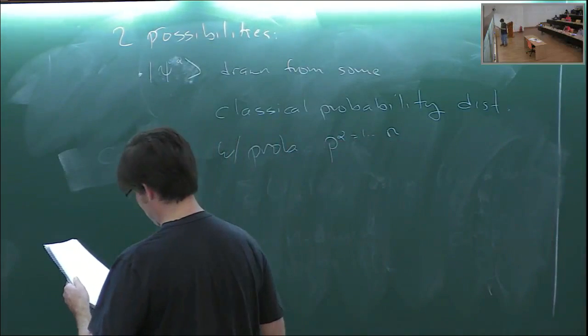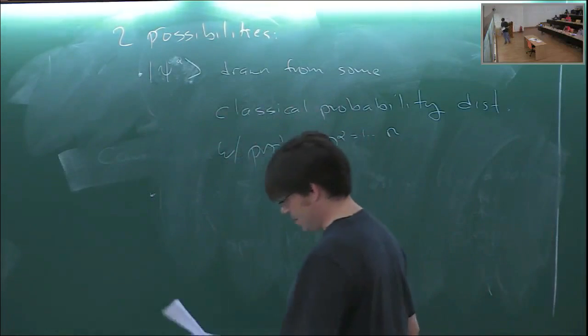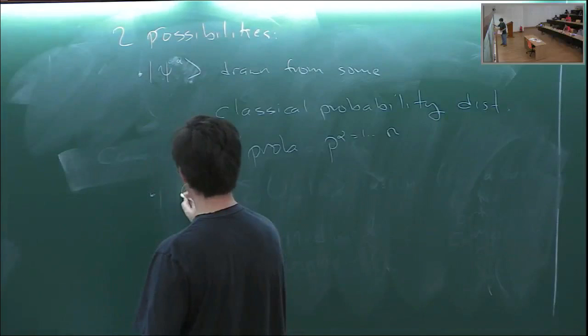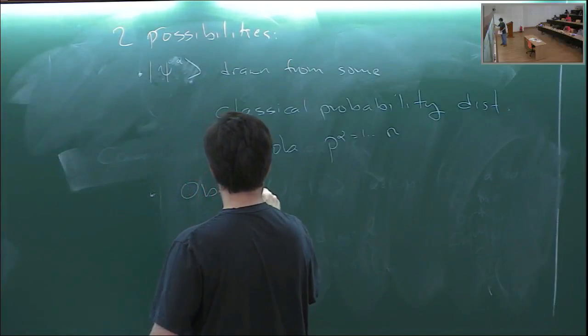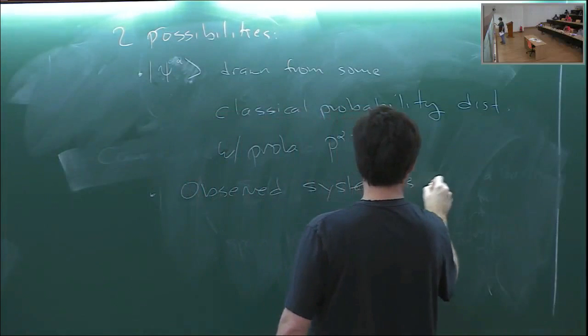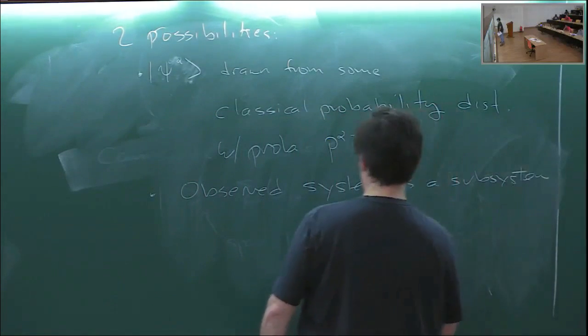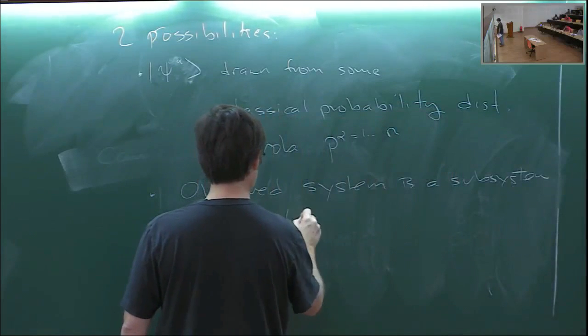The second possibility, so I'll go back and talk about density matrices in this context. The second possibility is the observed system is a subsystem of a larger quantum system.